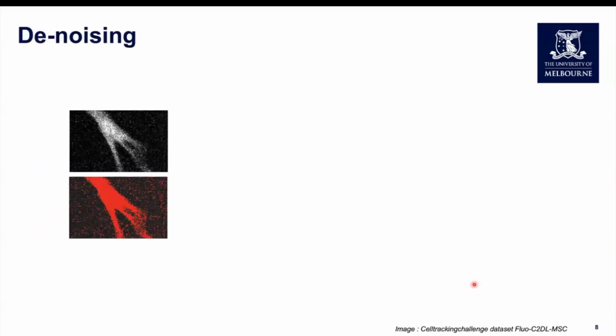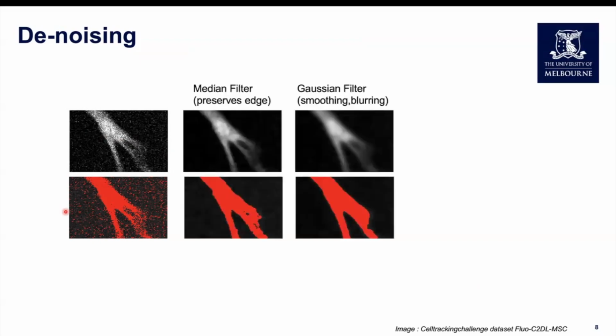This slide will take you through some of the effects of these on real data. So this is a very noisy microscope image on the top here, and on the bottom we have the effect of performing a normal intensity threshold, which we'll cover over the next few slides. This shows you the effect of the median filter and the Gaussian filter.